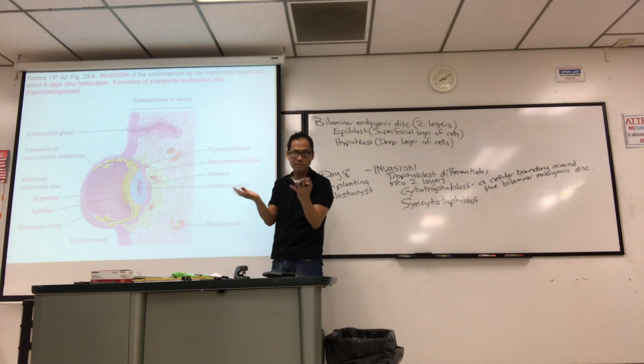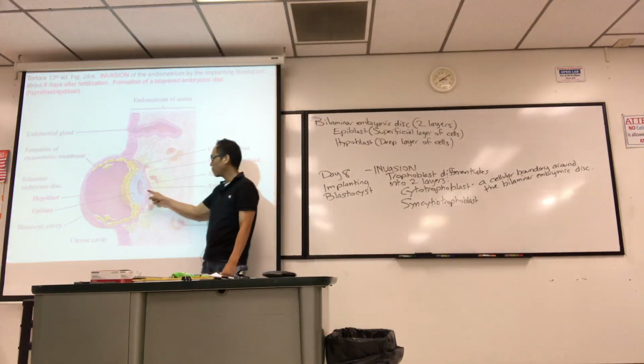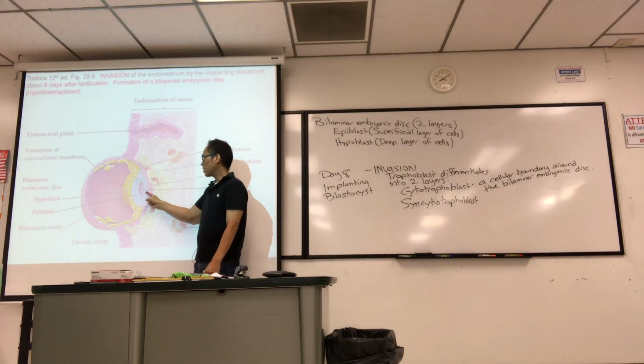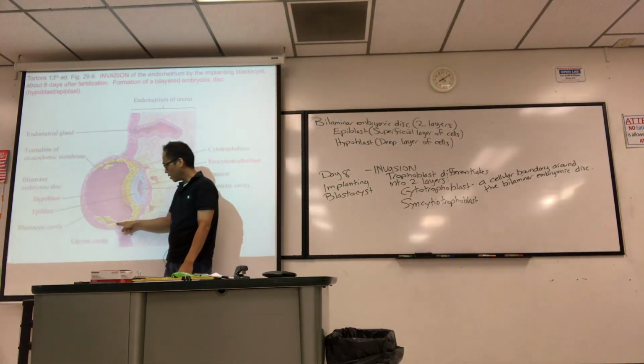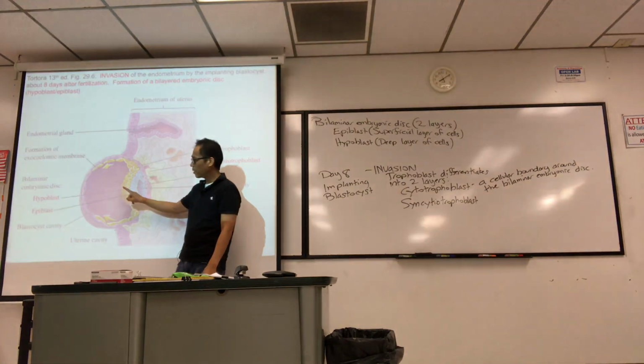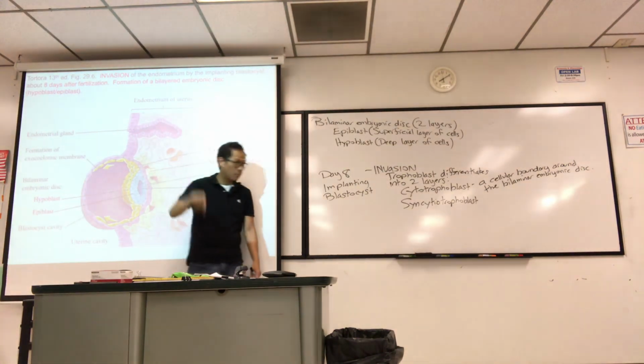We have 2 layers of cells. But you can see they form from amniotic cells, which form from epiblast. Cells that will become the yolk sac form from hypoblast. You should note that.